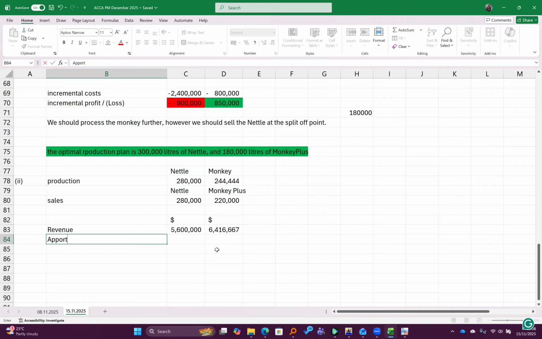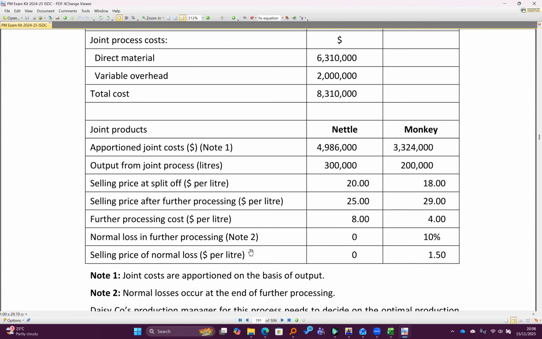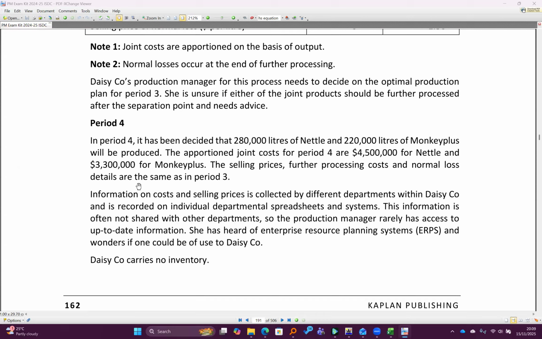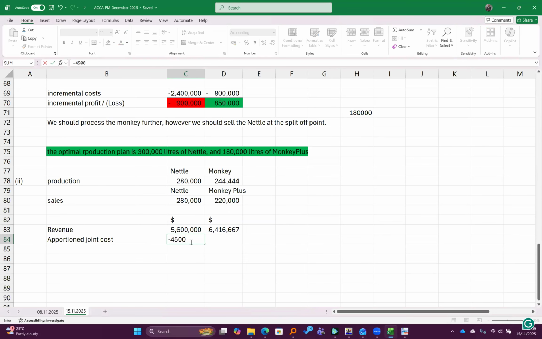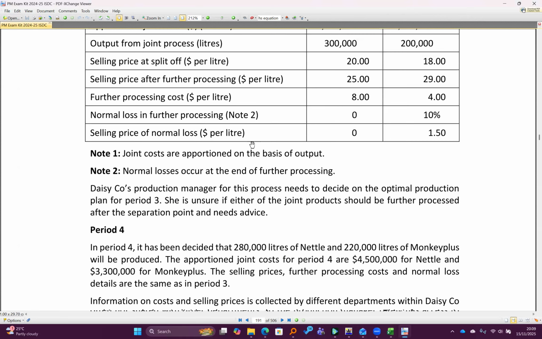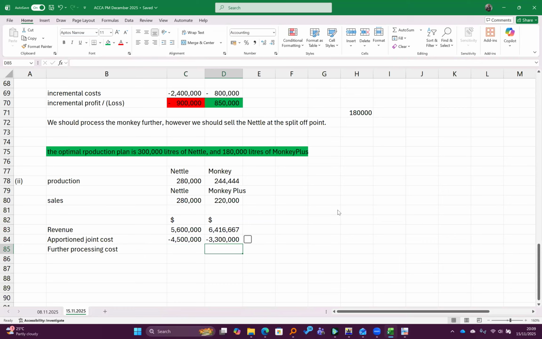Then we have the apportioned joint cost. They gave us apportioned joint costs of 4.5 and 3.3. Then further processing costs. Remember, we're not processing the netto, but we are processing the monkey, and it costs us $4.